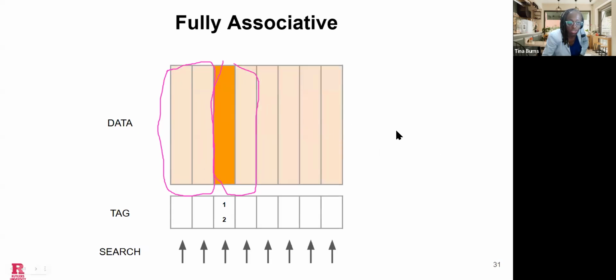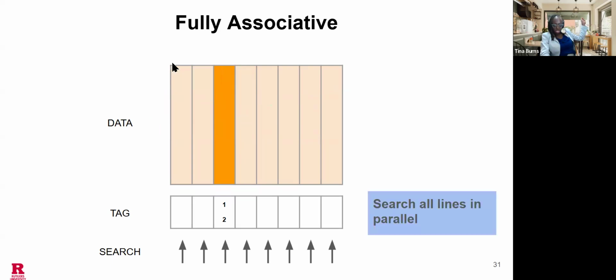For fully associative, this light orange indicates that everything is accessible, right? It's going to search all lines in parallel. And that's kind of what this orange means.